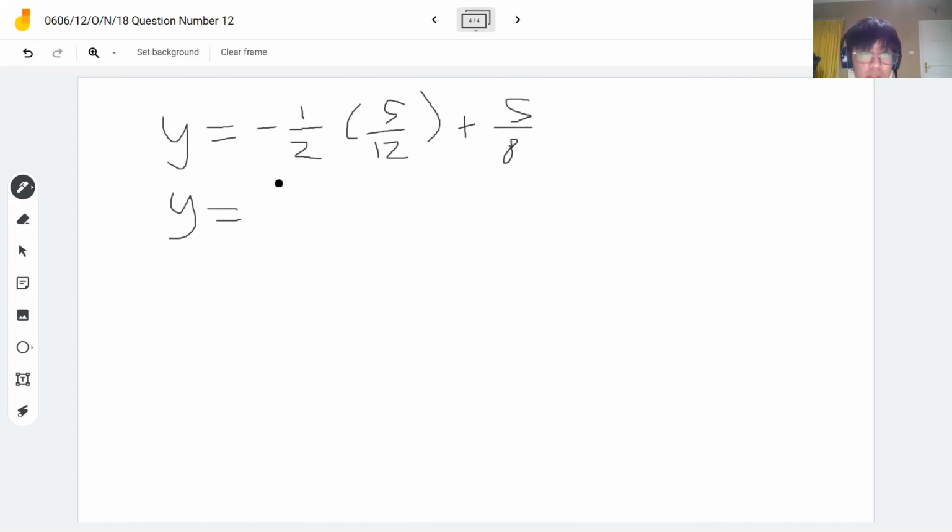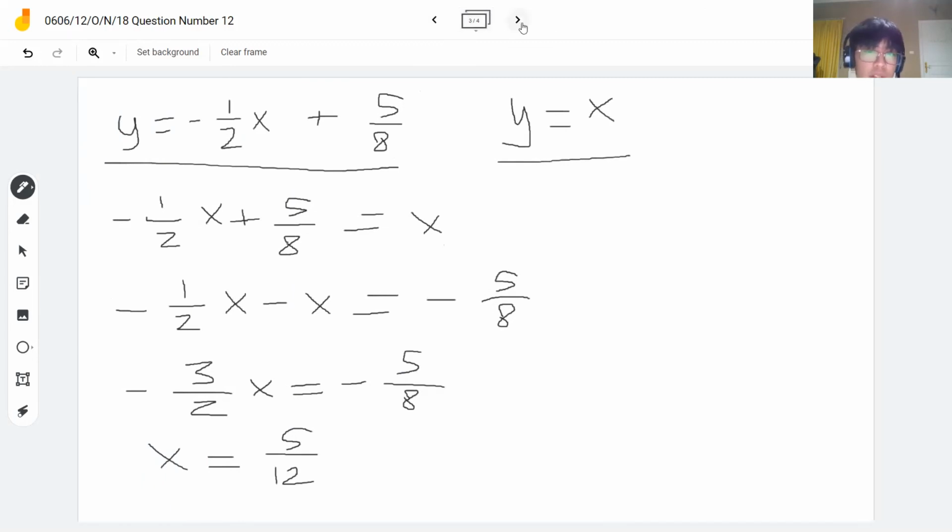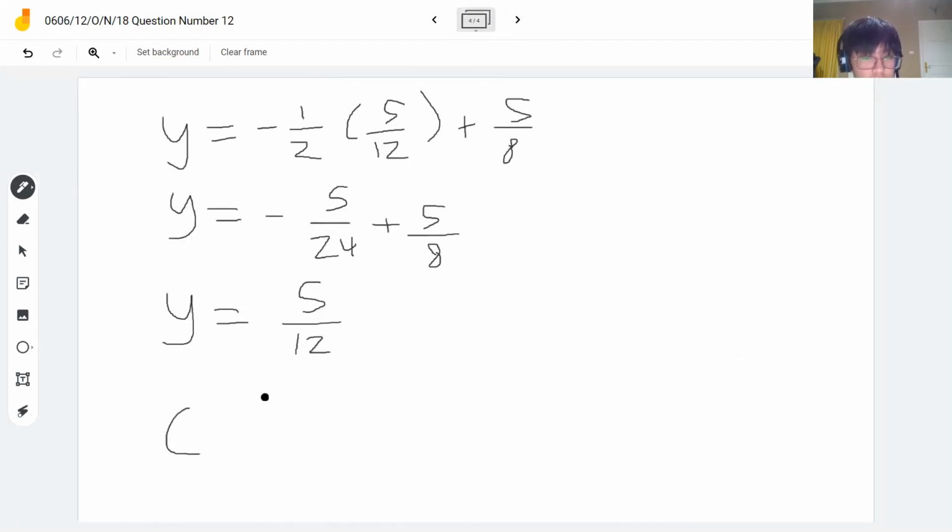Therefore y equals negative 5 over 24 plus 5 over 8. Y equals 5 over 12. So now you have both x and y of the intersection point, and so the answer to this question is (5 over 12, 5 over 12).